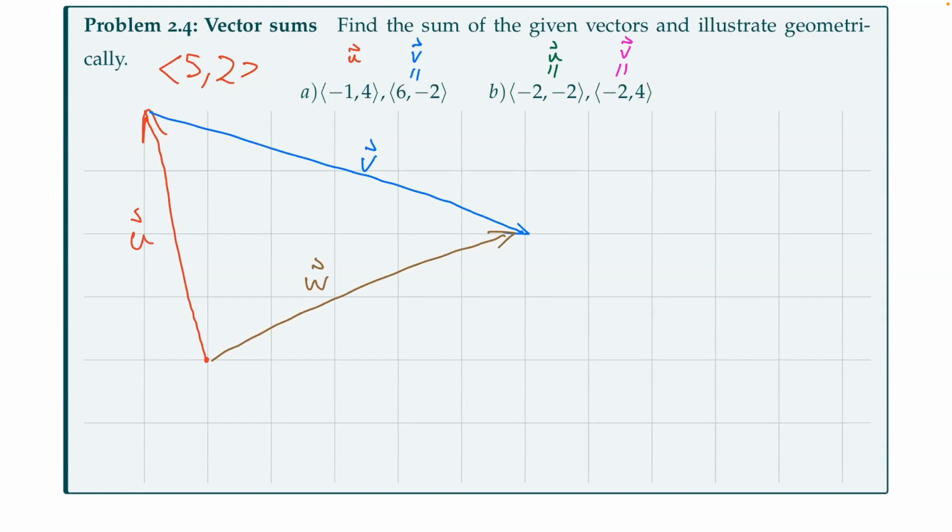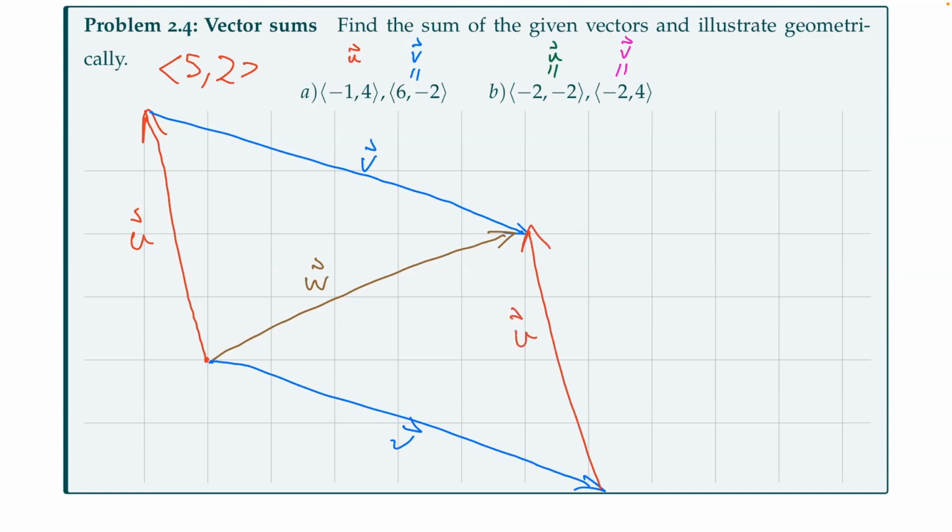Note that the order doesn't matter here. So suppose I started off at this start point and I followed v first of all. So I went right 6 units and down 2. I'd have gone to here. So that's v. And then if I follow u, I'd have gone up here. Again, it's exactly the same, right?